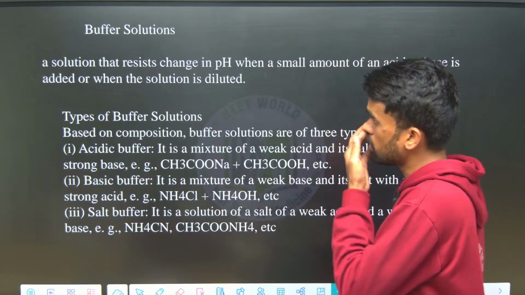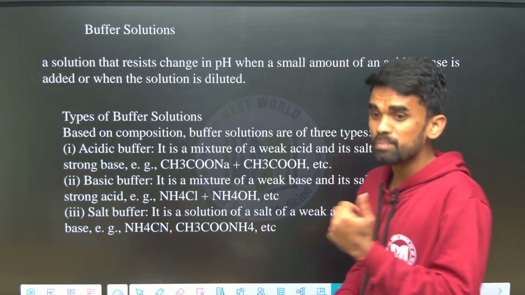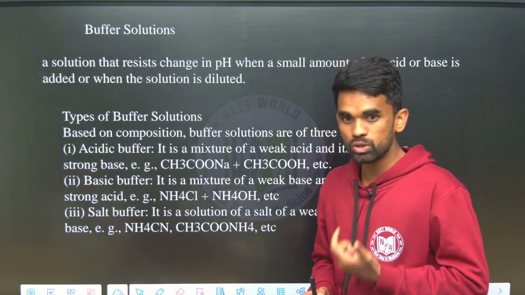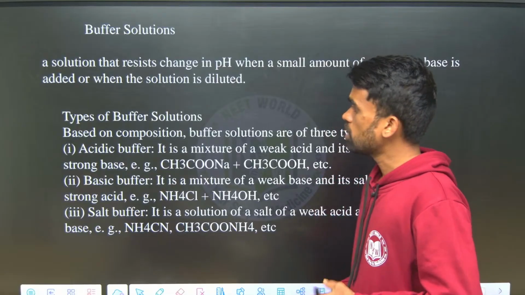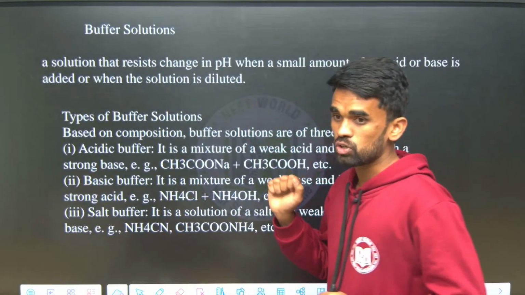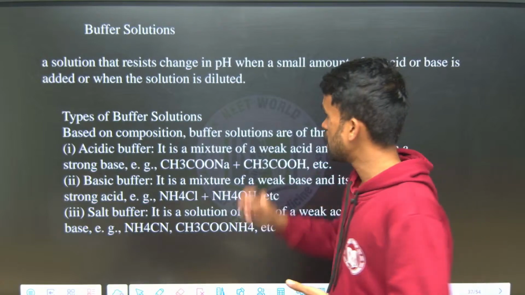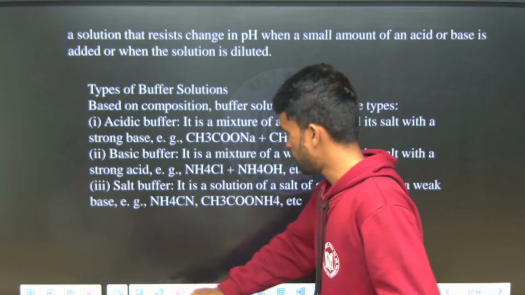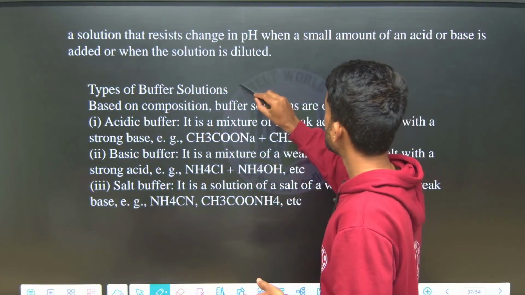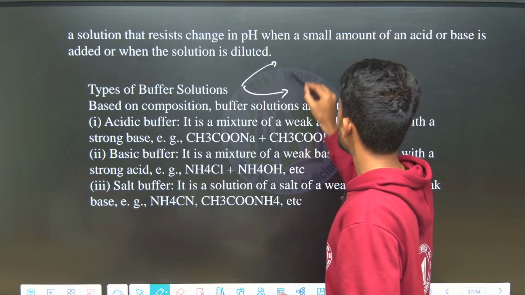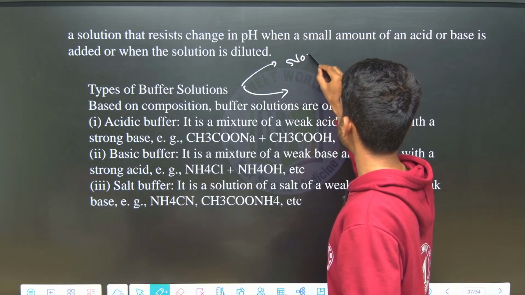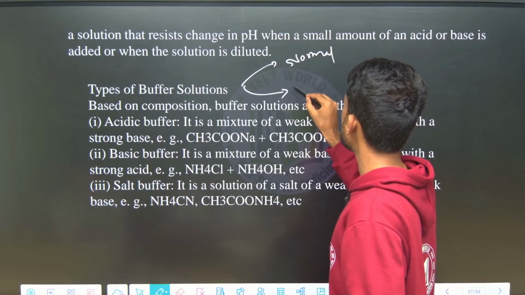Okay, so now how can we make these buffer solutions? We need to know. First of all, types of buffer solutions: we have two types. One is the normal buffer or simple buffer, I can say. The other one is the mixed buffer.